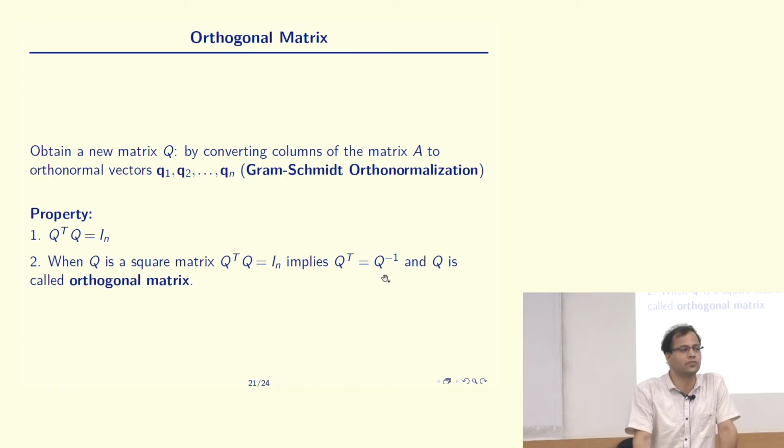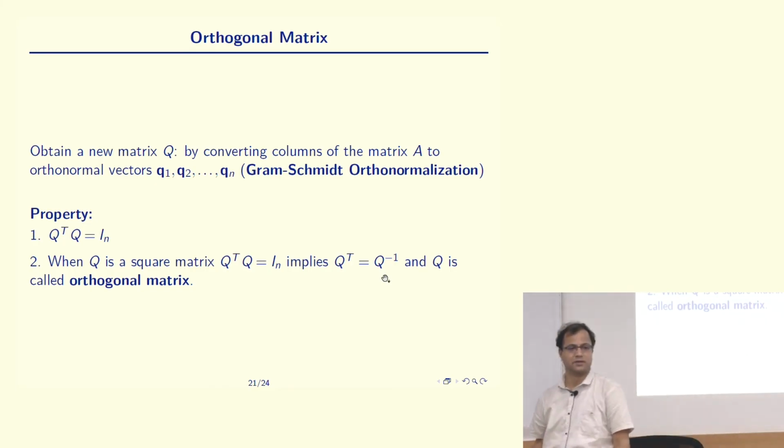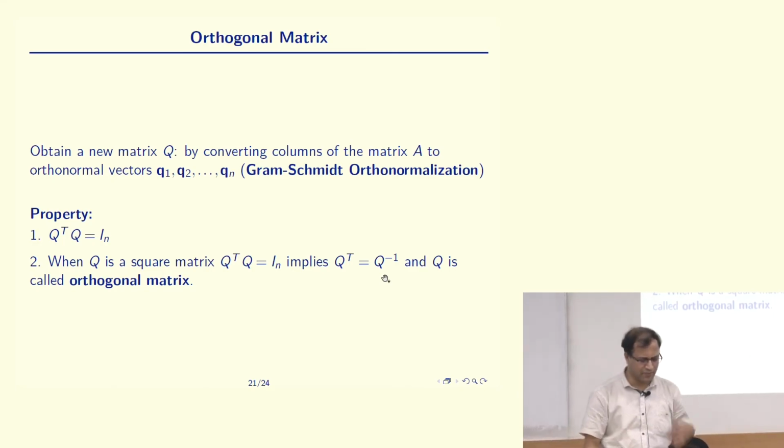Now you see the formula you have been given for the projection vector. There it was A transpose A. Now if you apply this Q transpose Q, this will all be eliminated, right? So your formula will be simpler, right? So that is the idea of considering the Gram-Schmidt orthonormalization method to convert your matrix A to an orthogonal matrix, and then you compute the projection vector.